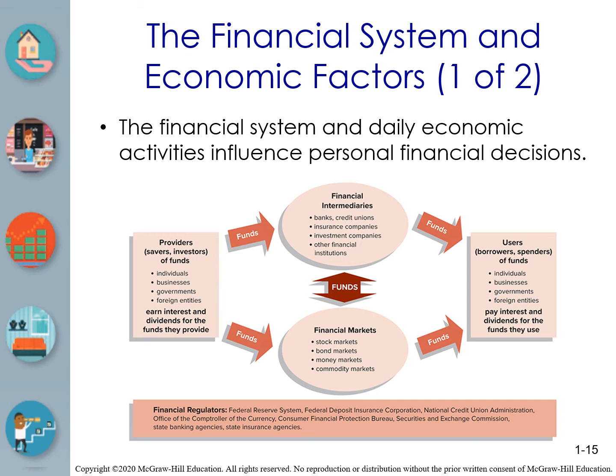So when we talk about businesses, they can be on both sides, but the intermediaries between them are called financial intermediaries, and financial intermediaries include banks, credit unions, which are called depositories, insurance companies, investment companies, other financial institutions.